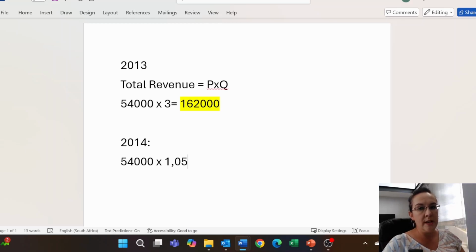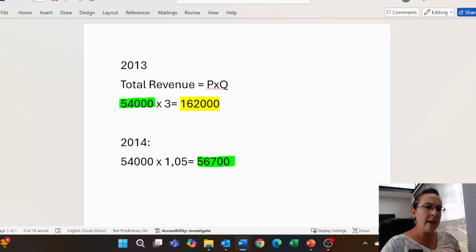But I am just going to take 54,000 units times 1.05 as a simplified mathematical formula to calculate an increase. 54,000 units times 1.05 is going to give us a value of 56,700. In 2013, the quantity was 54,000 units. Now, with the increase of 5% in volume, in 2014, the quantity is now 56,700.